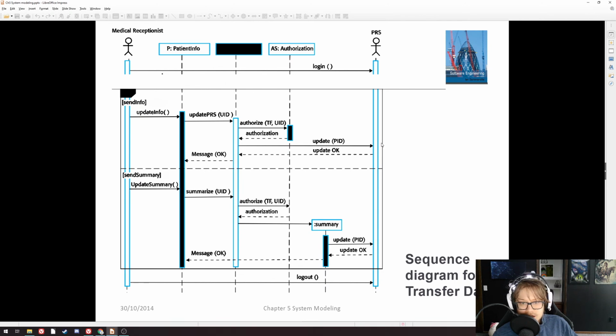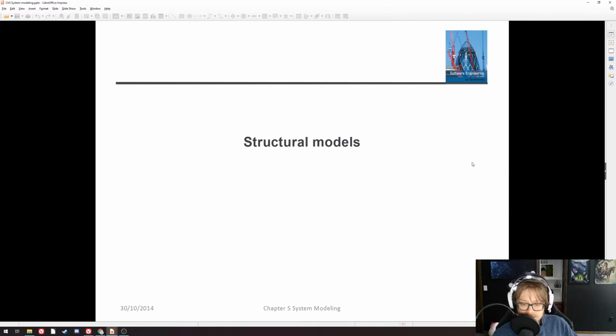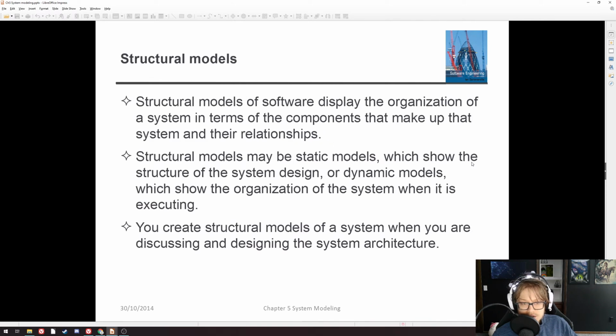If it was okay, it does an update to the patient record system. The patient record system confirms that the update was okay. That sends a message back to the patient info system that that was okay, and so on and so forth. So that's one example of another sequence diagram for you. And I think that covers almost all of the possibilities you can make today.